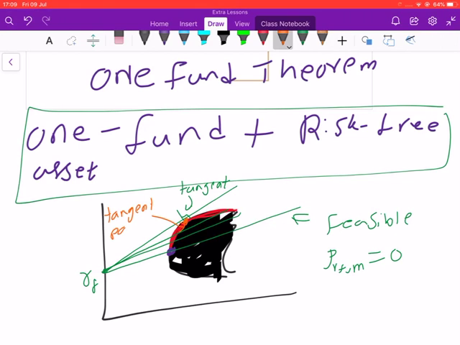In other books, they say that you are maximizing your Sharpe ratio. To maximize this angle of inclination, you have to find your tangent portfolio, and then we say you have maximized your Sharpe ratio.